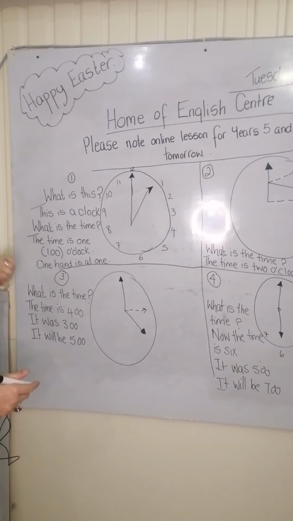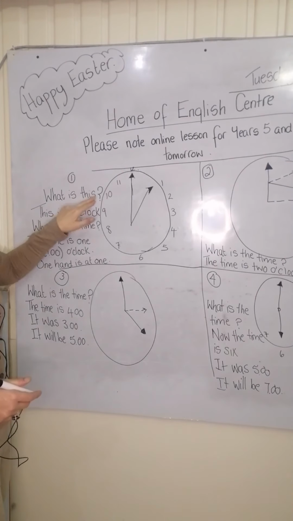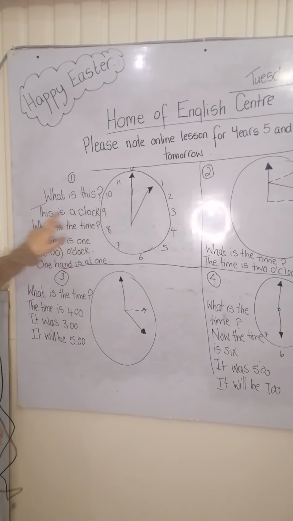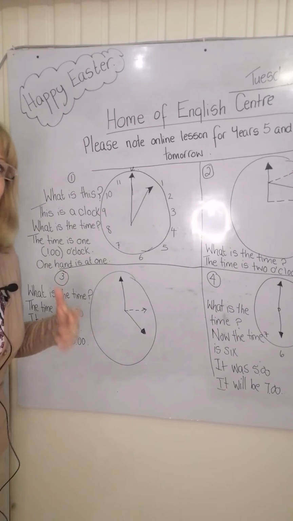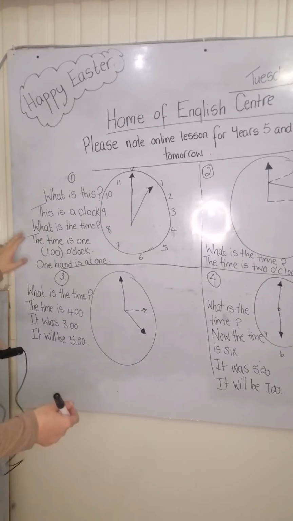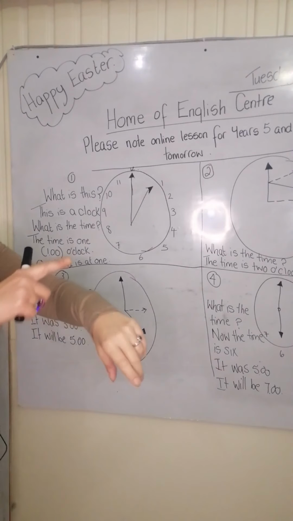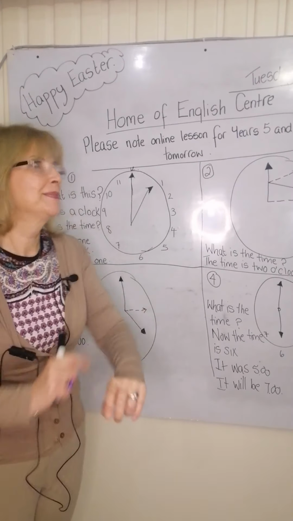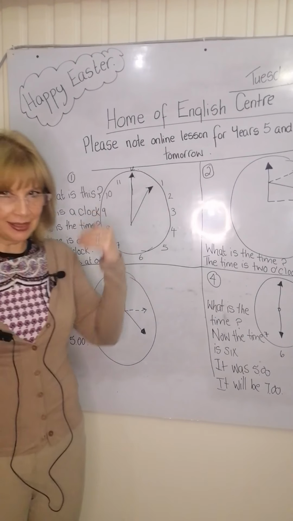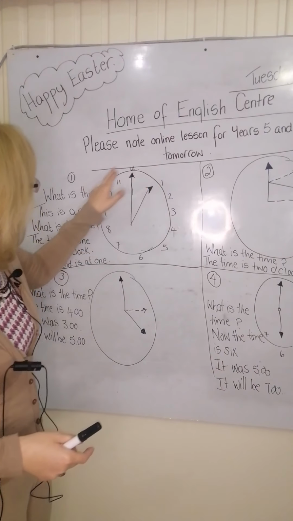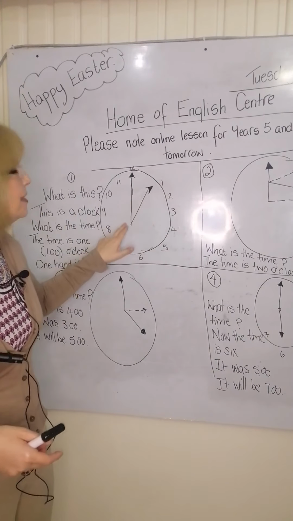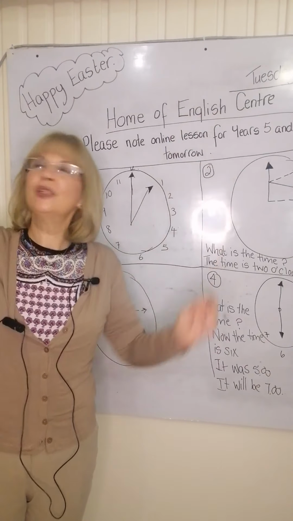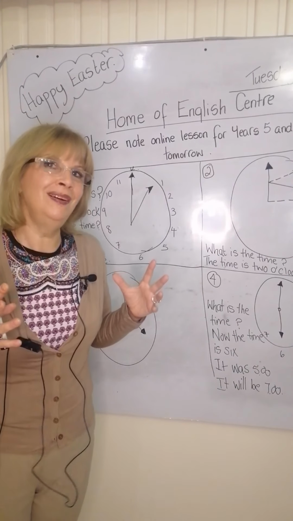First question is, what is this? This is a clock. What is the time? So, I'm going to take a step back now and explain. This is a clock, the one which is on your wall.